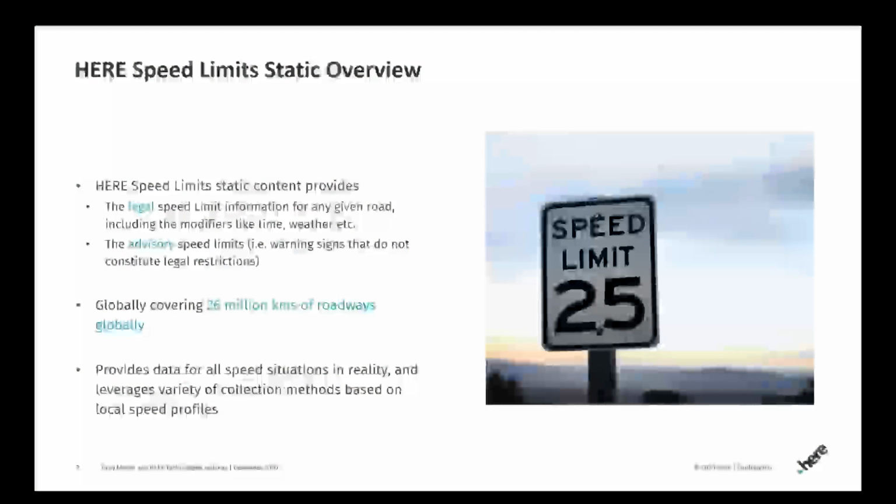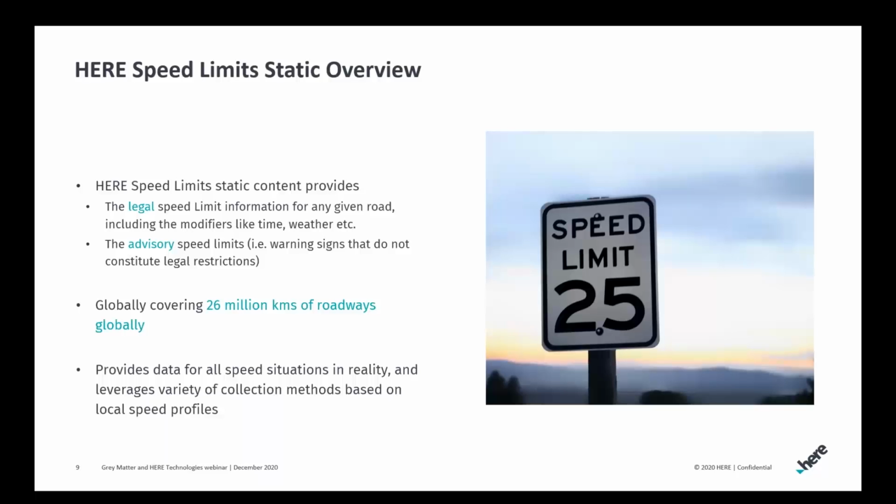So I would like to zoom in specifically on how this works for speed limit information, where we have a product which is covering the legal speed limits. So what are you legally allowed to drive for any given road, including specific modifiers. You can imagine there are roads where during different times the speed limit differs, or maybe during weather conditions there is a different speed limit.